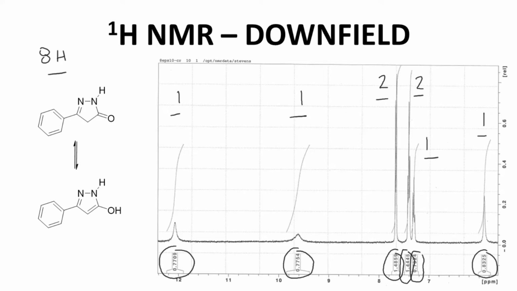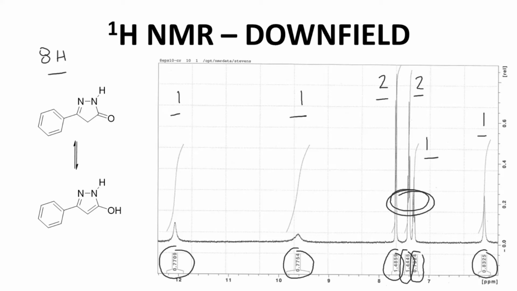The NMR will help us identify which tautomer is favored by our product. Let's first eliminate considering the hydrogens on the phenyl group. Those 5 hydrogens appear together in the middle of the spectrum in the 7 to 8 ppm range. Aside from these hydrogens, our product, regardless of which it is, should have 3 hydrogens.